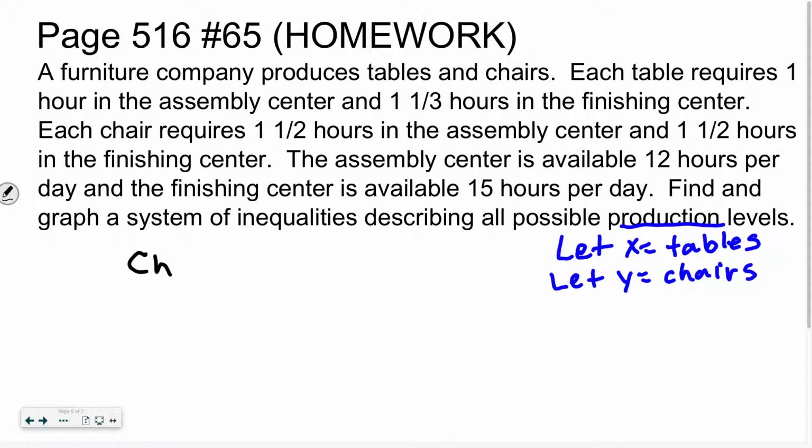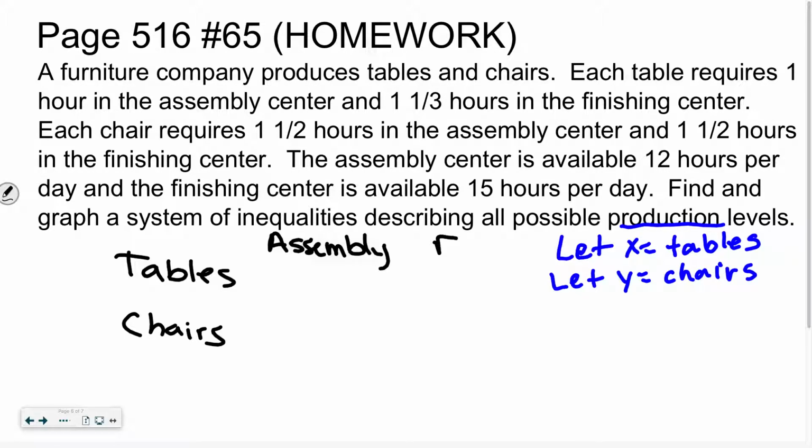I'm going to do tables on top just because that's the order it comes in. Tables, and chairs. And then I know something about the assembly and the finishing centers. Tables require 1 hour in assembly and 1 1/3 hours in finishing. Chairs require 1 1/2 in both.